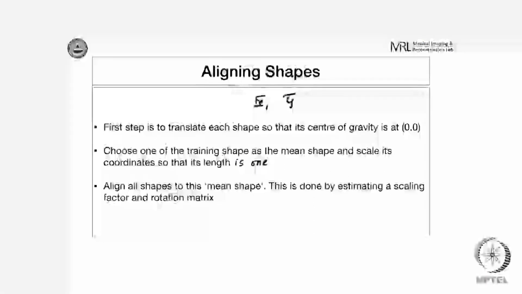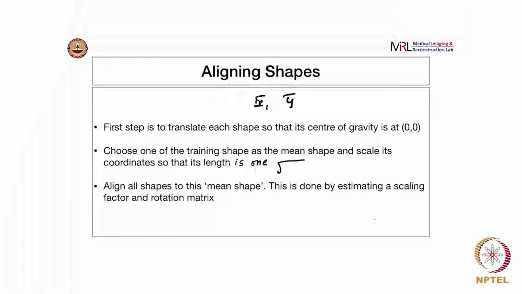So basically what we want, for a particular shape, is the square root of x1 square plus x2 square plus so on up to xn square, where there are n points, equal to 1. So you want to do a normalization like that. What we are doing here is scaling the shape, so taking the scale factor out. And the last step is to align all the shapes to this mean shape.